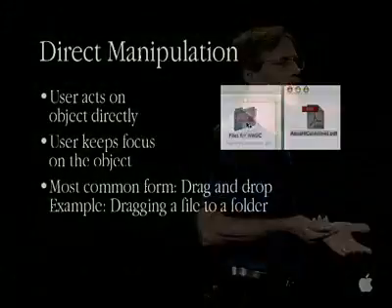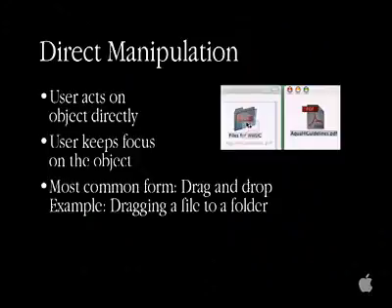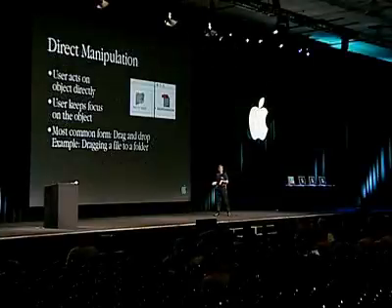The next principle is direct manipulation. Whenever possible, let the user act on the object the way they would in the real world. It saves them having to scan the menus to find something. In this case, for example, what's illustrated is taking a file and dragging it and dropping it into a folder. In fact, drag and drop is probably the most common form of direct manipulation.